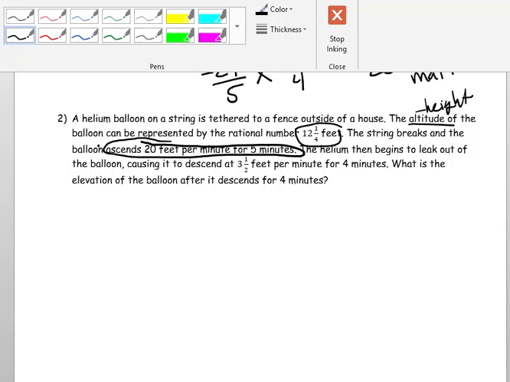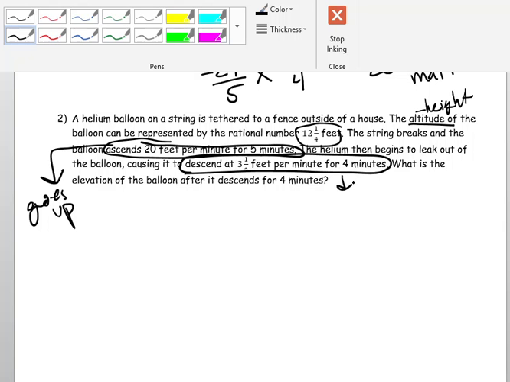So ascends means it goes up. The helium then begins to leak out of the balloon, causing it to descend at 3.5 feet per minute for 4 minutes. So that means it's going to start to go down. What is the elevation of the balloon after it descends for 4 minutes?